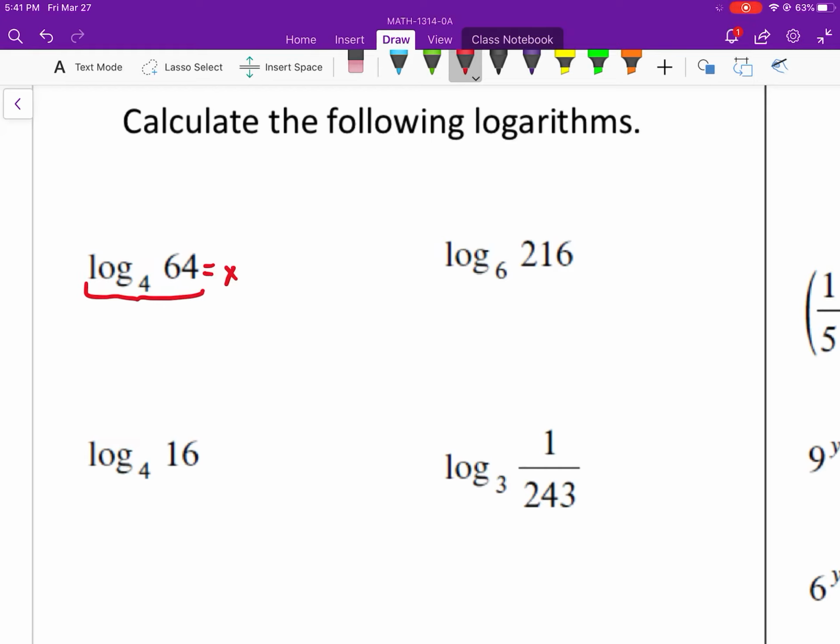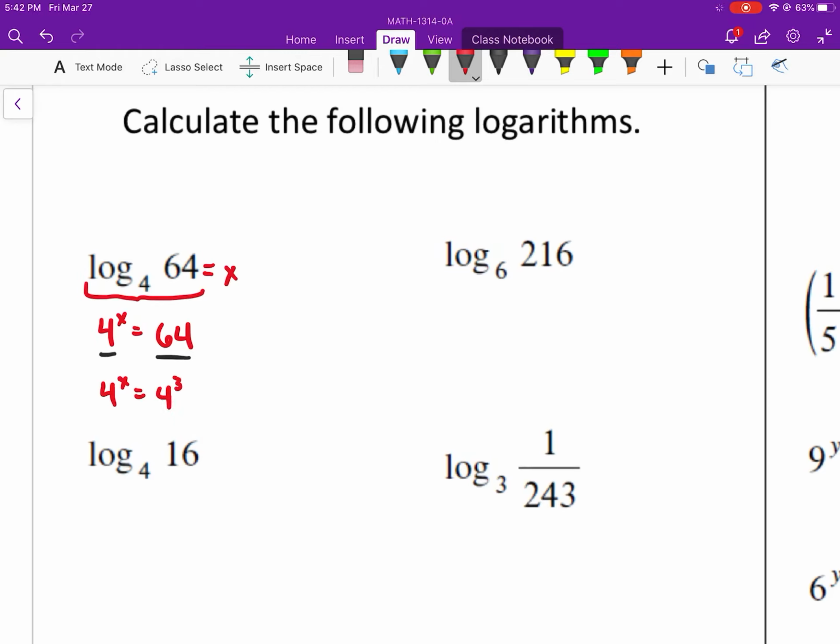Okay, all right. So now that we put that equals x on there, now we can convert this back to an exponential equation. Okay, so 4 to the x power equals 64. Now this goes right back to lesson 7.1. I need to find a common base here for 4 and 64. Let's see, 4 to the 3rd power is 64.